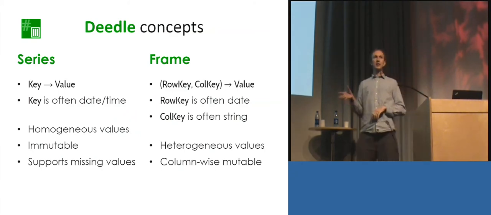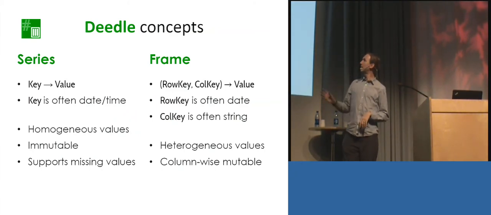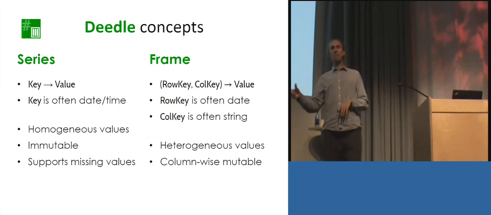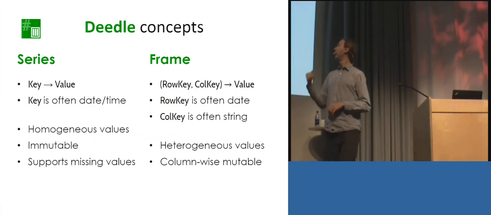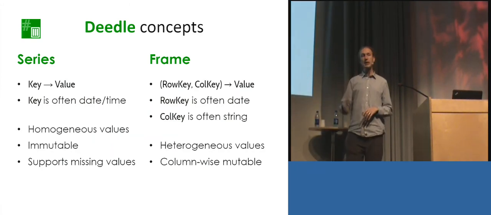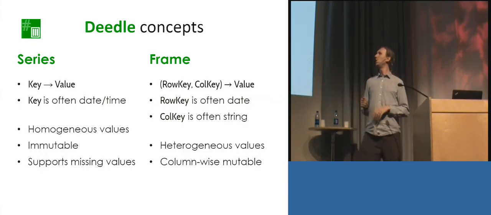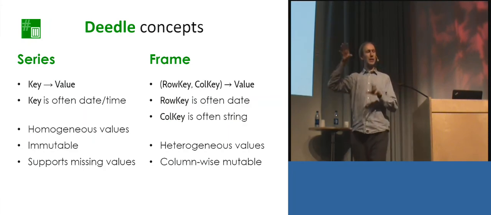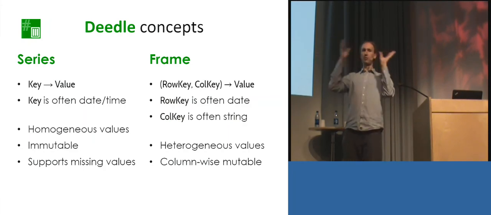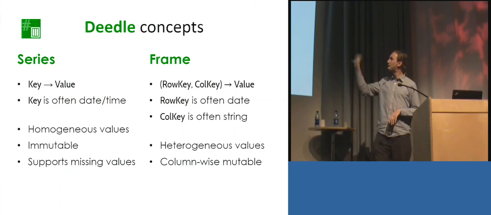So there's two concepts that you need. One is the series, which is basically a mapping from keys to values, and the keys are often dates, so you're mapping time to some value, and in a series you always have the same type of values, so the value is always a float.